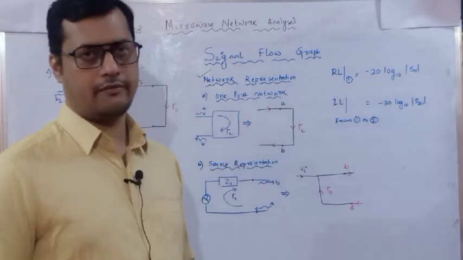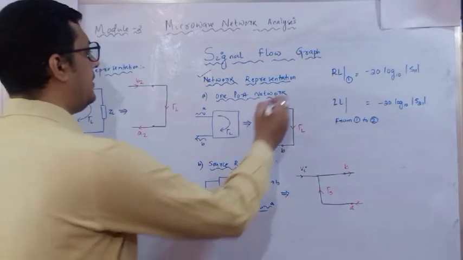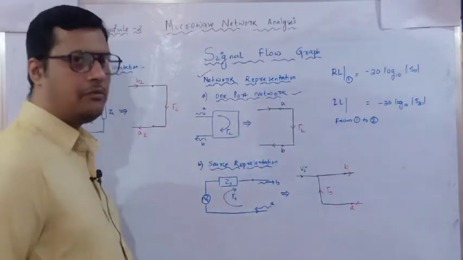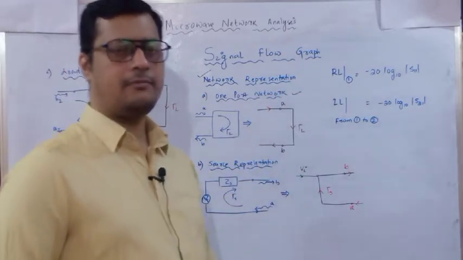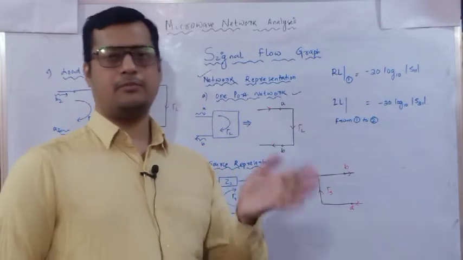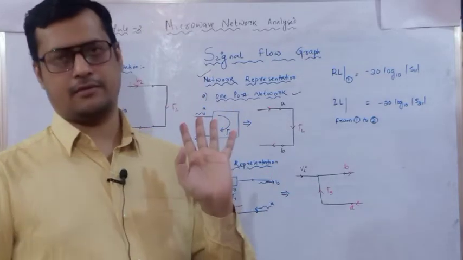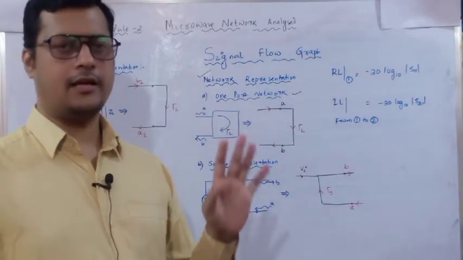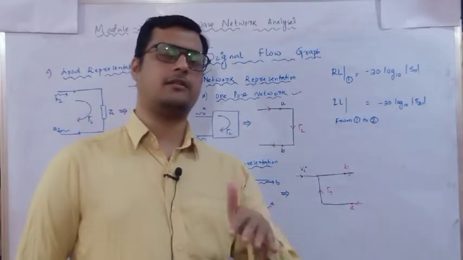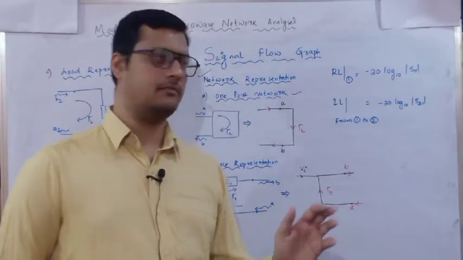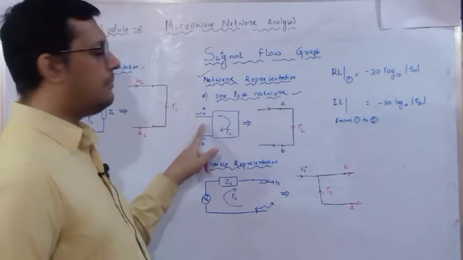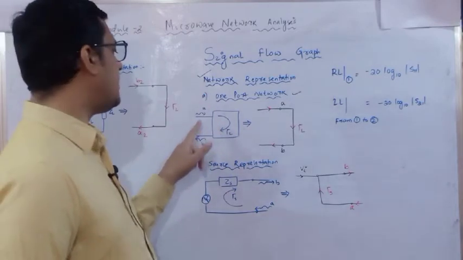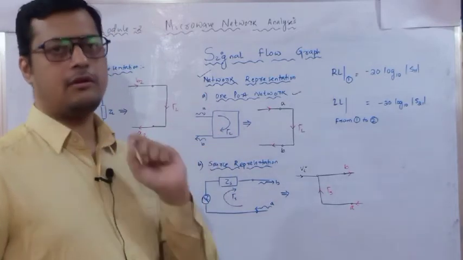signal flow graph. First, if it is a one port network, how many scattering parameters? One port network means only one scattering parameter, that is S11. It forms a relationship between the reflected value and the incident value. So if it is a one port network, two nodes will be identified.